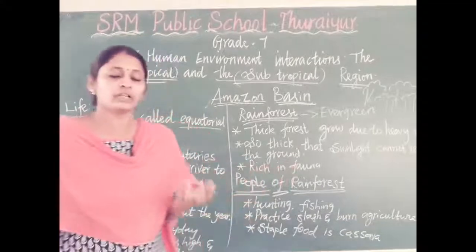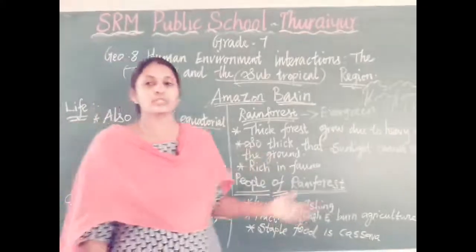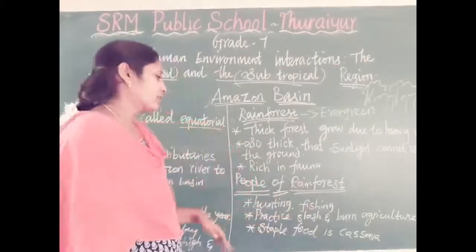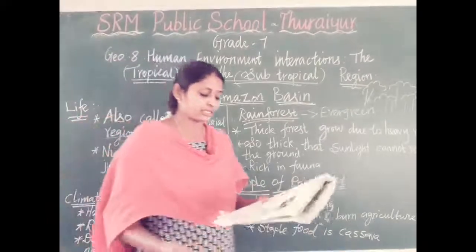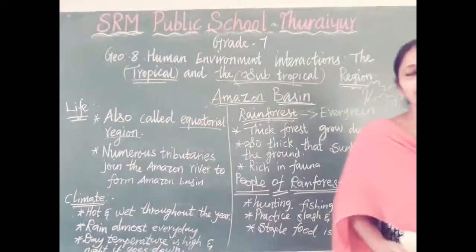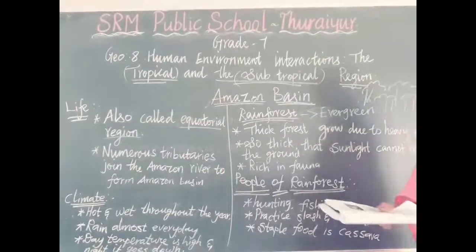Like the anaconda, you know very well, the anaconda is found in the Amazon forest alone. So very different animals. That's why it is a reservation of fauna.